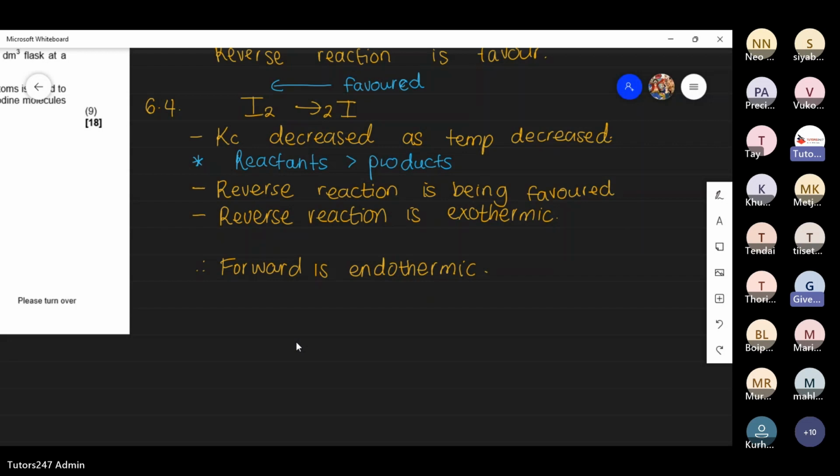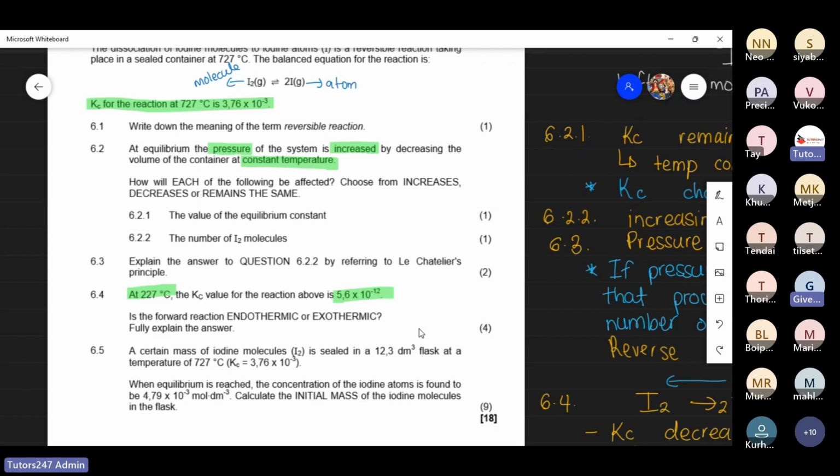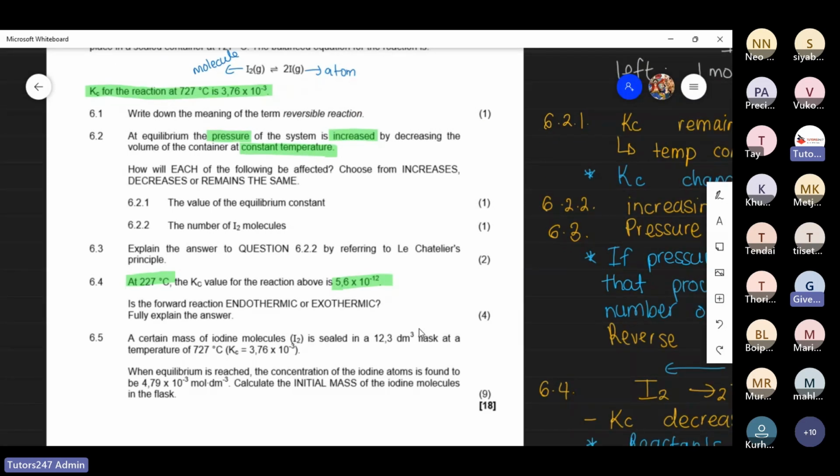Question 6.4 stated, at 227 degrees Celsius, the Kc value for the reaction above is 5.6 times 10 to the power negative 12, meaning that the Kc value has now decreased. Why? Because temperature decreased. So the next part states, is the forward reaction endothermic or is it exothermic? And fully explain your answer.